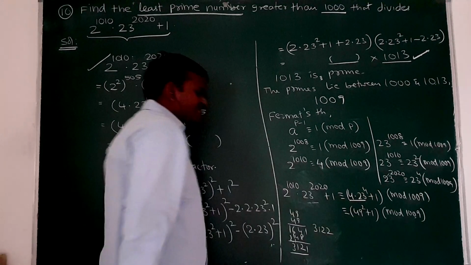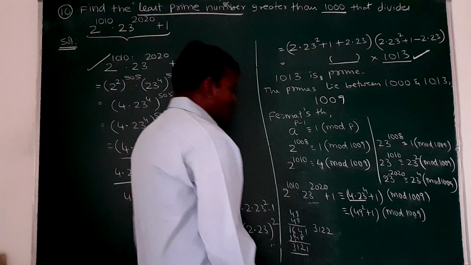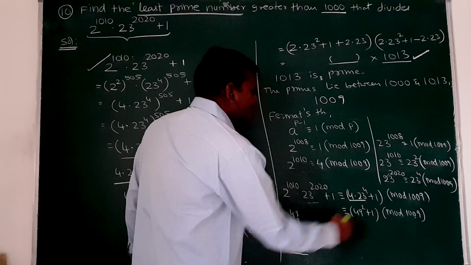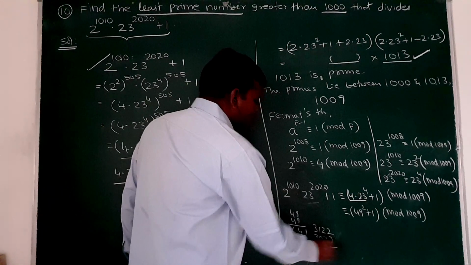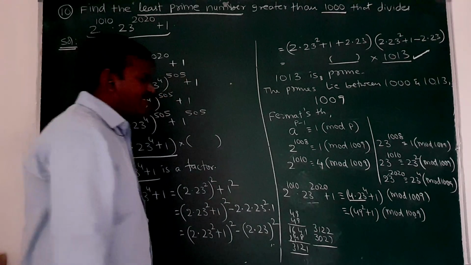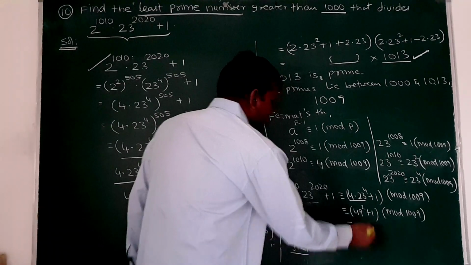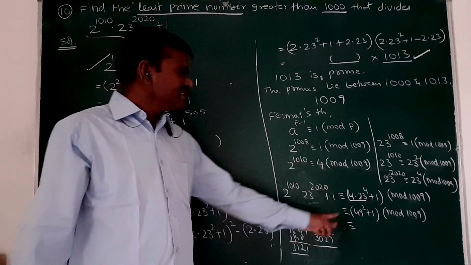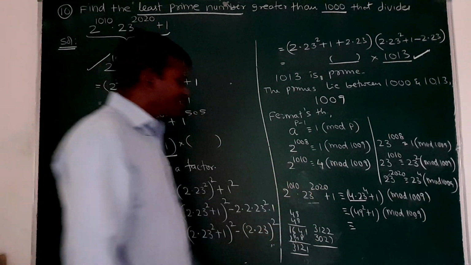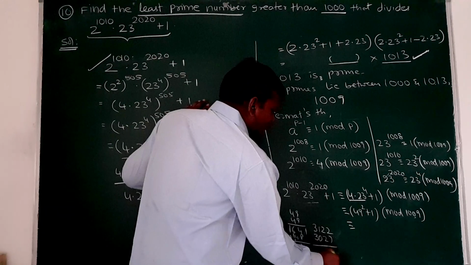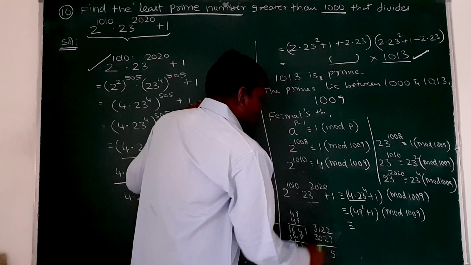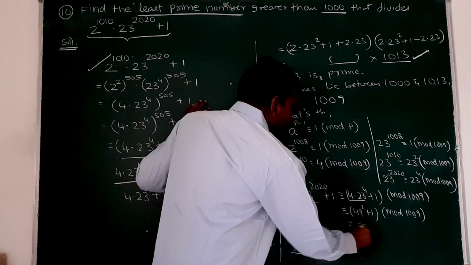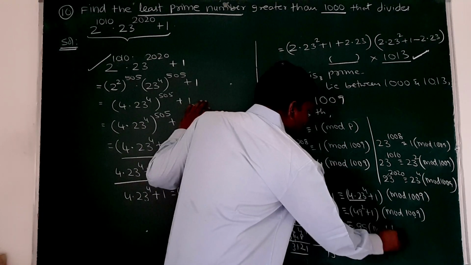2402 when divided by 1009, how many times will it go? 2 times. But the remainder, something I am getting here. No need to calculate here. I want to find out whether divisible or not. 0 is not possible. Other than 0 only I am getting, so some nonzero remainder mod 1009.